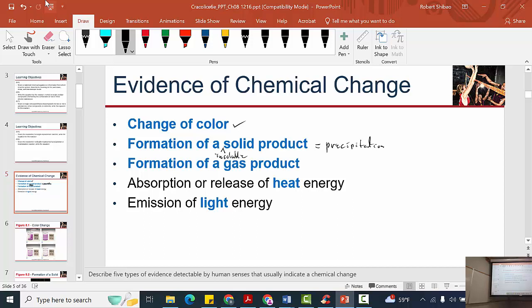And so we looked at the solubility rules. There are certain ions that like each other. For example, if you have silver ions and chloride ions, they like each other, and they form silver chloride, which is an insoluble product. This is an example of a precipitation reaction.